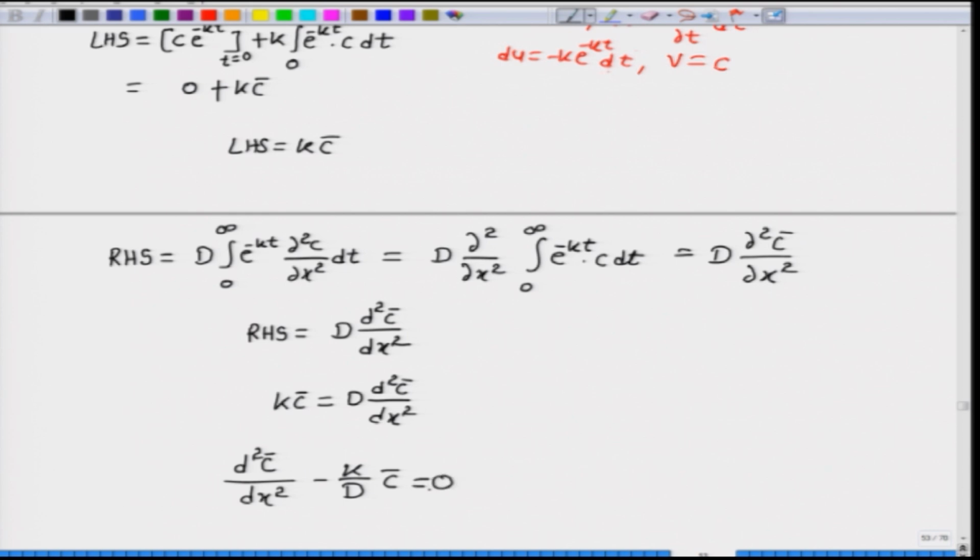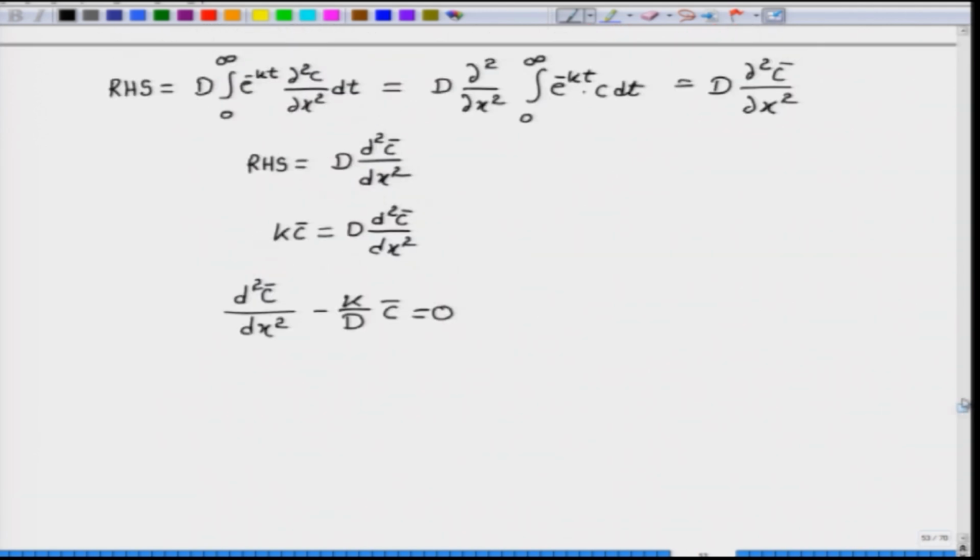So, again we have seen, just like the last problem we solved, Laplace transform has helped us to convert the partial differential equation into an ordinary differential equation, which we can easily solve here. And the solution for this may be e to power lambda x. If we substitute back, we get lambda square e to power lambda x minus k/D e to power lambda x equal to 0.